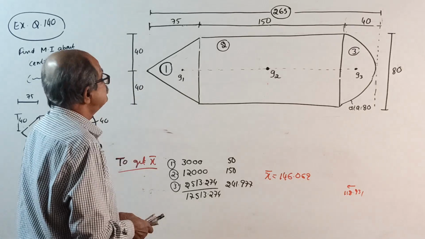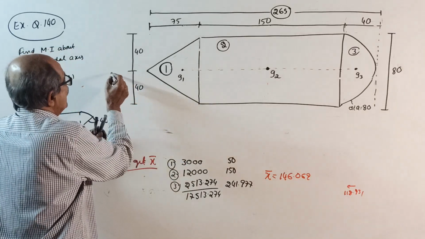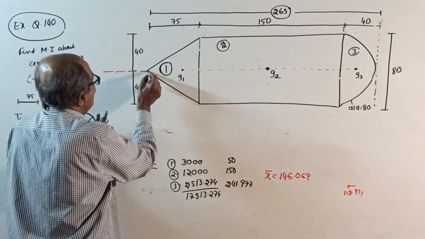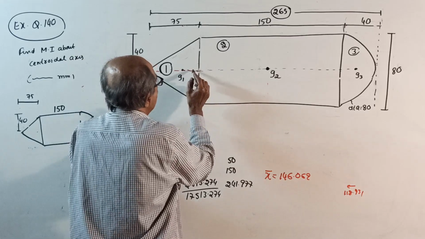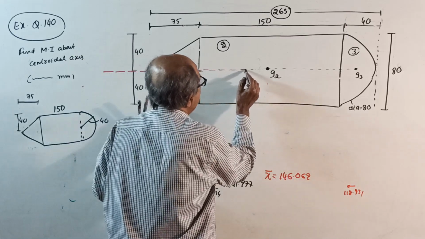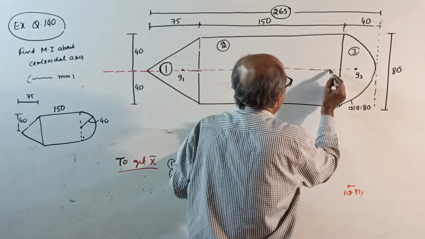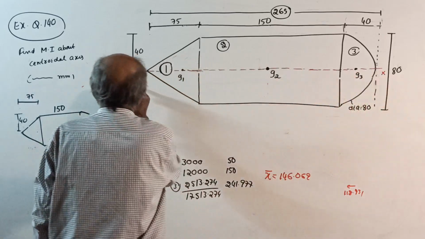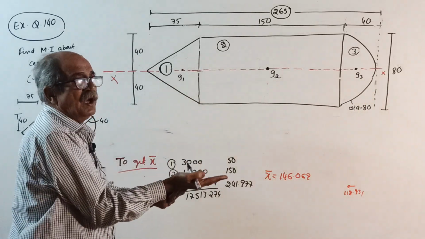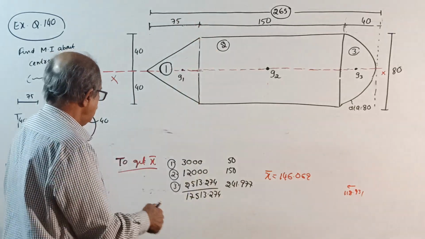Now make a note. This is perfectly symmetrical about the x-x axis. See, x-x directly mark. It will come here. No need of calculating, no need of locating x-x by calculation. See, x-x is to be located by finding y bar. So when x-x is the symmetry axis, you don't require y bar. Y is not symmetry. To locate y, you require x bar.